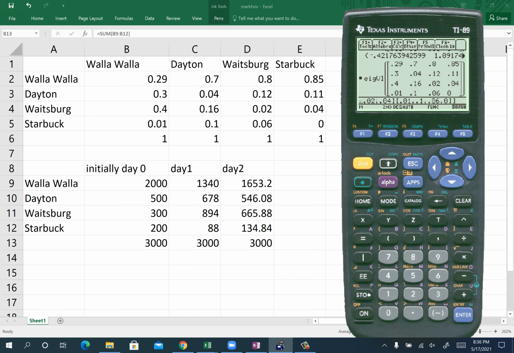And I'm just going to get rid of this eigenvalue stuff and just square the thing. And there you go, 0.62, whatever. Obviously off a little bit for rounding, but that's kind of a neat deal.